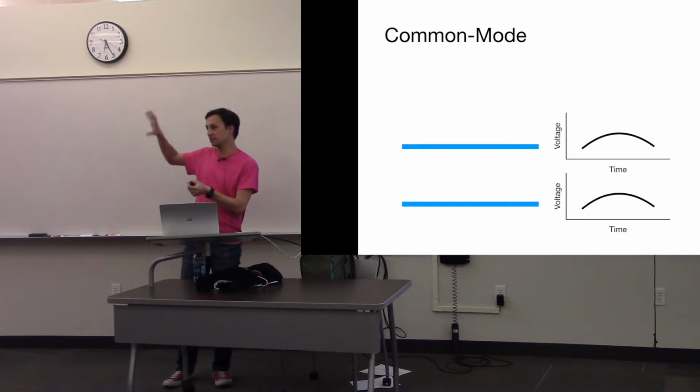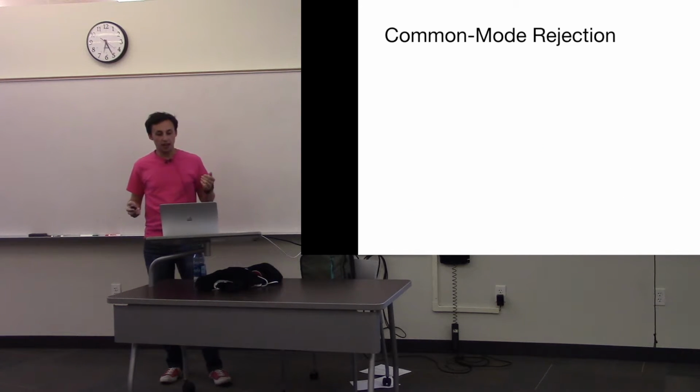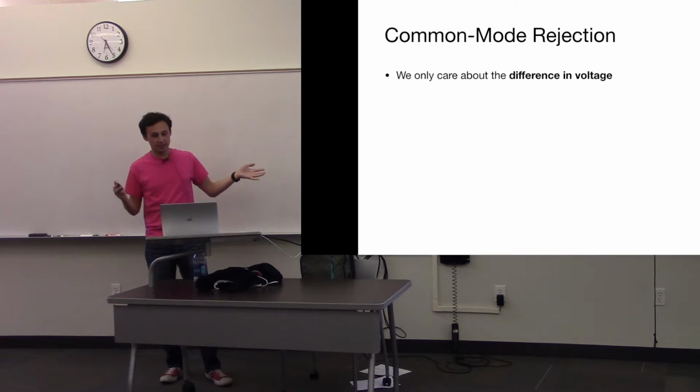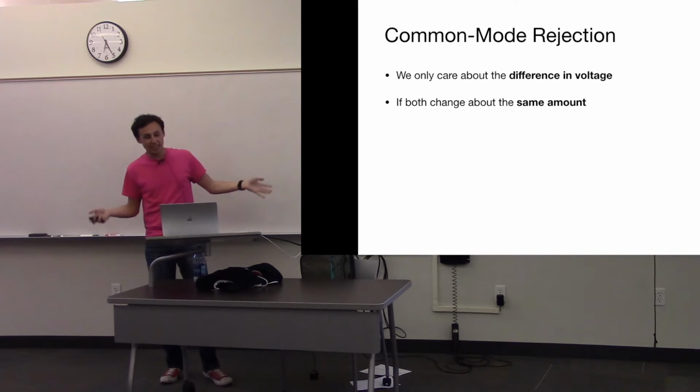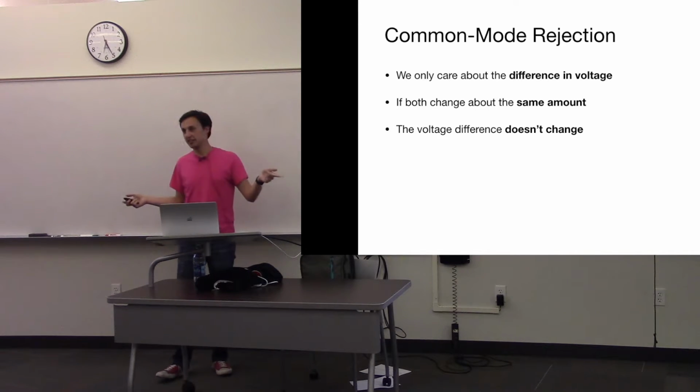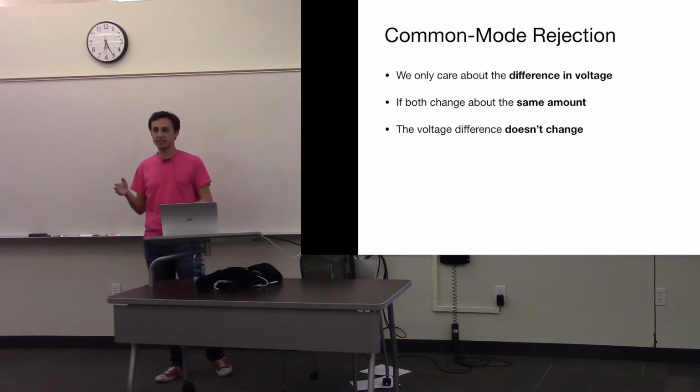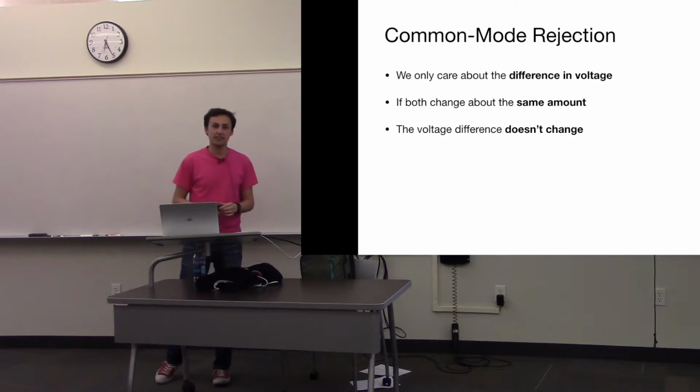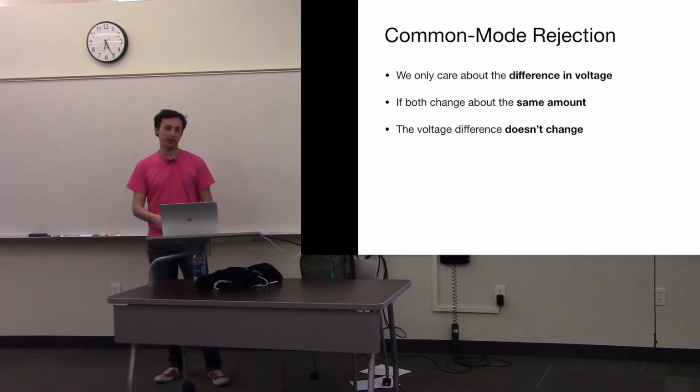It rejects common changes in both wires. Since we only care about the difference, if they both change about the same amount, then the voltage difference doesn't change. And you can transmit signals without as much or any shielding for longer distances than you can if you have a single signaling wire and a ground wire.